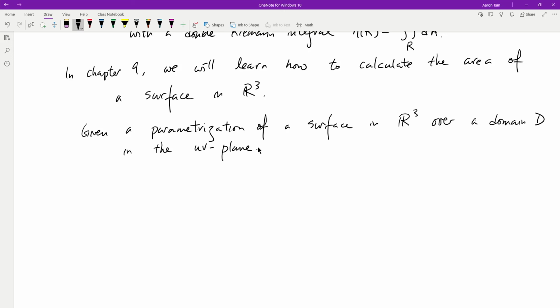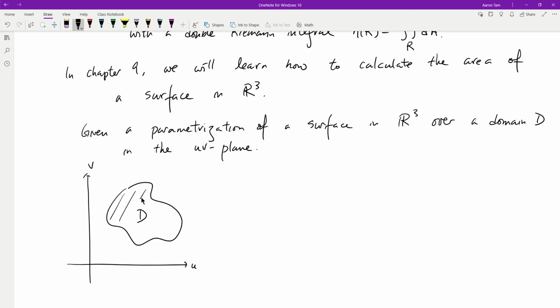So let's say we have the UV plane and we have some region. You know what, for simplicity's sake, I'm just going to put it in the first quadrant. So here's D.